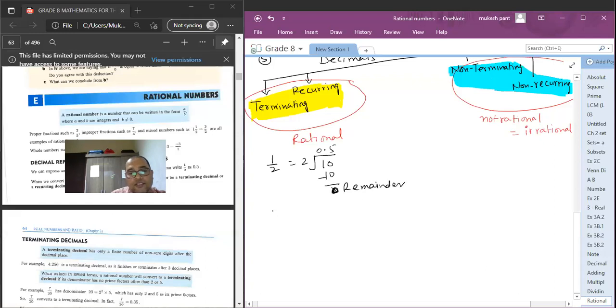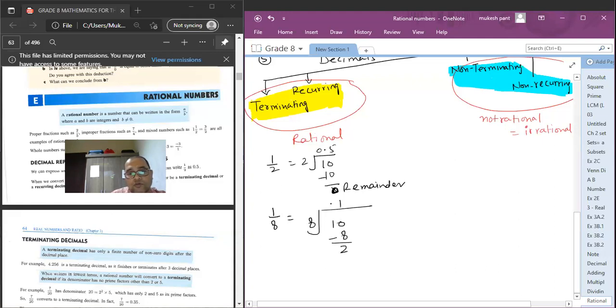If I say 1/8, you divide 1 by 8. You put a decimal here, then add a 0, so 8 into 10 gives 1. The remainder is 2.